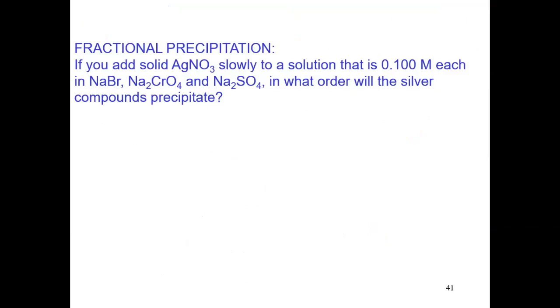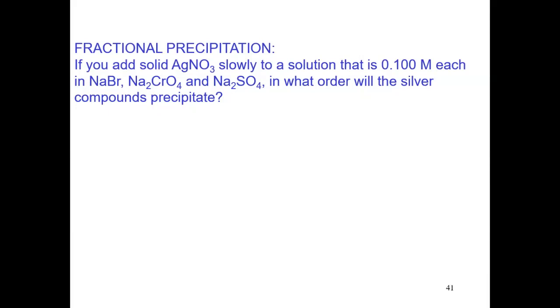So anyway, here is another example of how to do fractional precipitations. If you add solid silver nitrate slowly to a solution that has 0.100 molar each in sodium bromide, sodium chromate, sodium sulfate, in what order will the silver compounds precipitate? So kind of like, you've got to read between the lines here, right? You got to get a sense of, okay, what's going on here? So I have a solution of these three compounds.